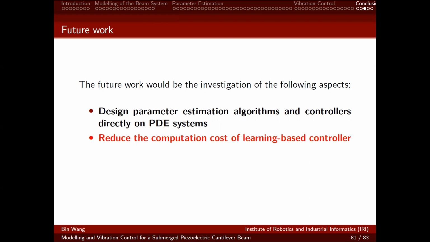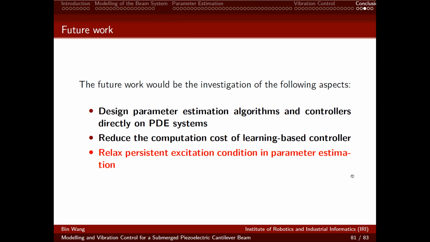So if we use compact real hardware, we can design a better performance and conduct the experiments. The third is to relax the persistent excitation condition, which is necessary in parameter estimation. Sometimes it may not be fulfilled.